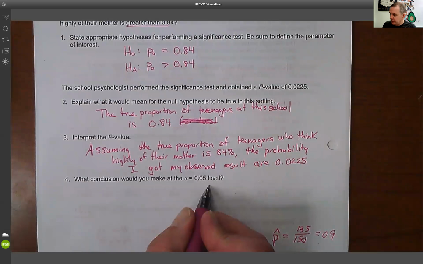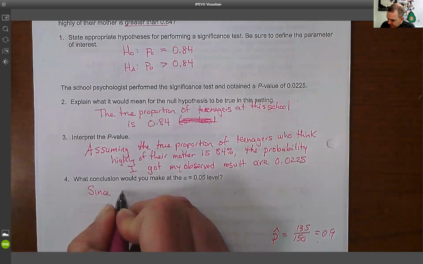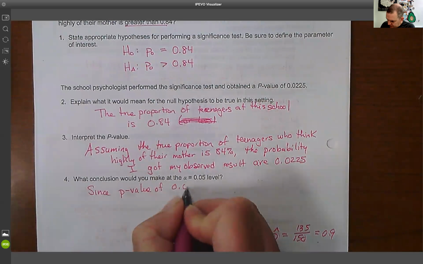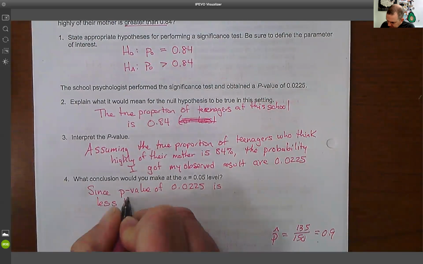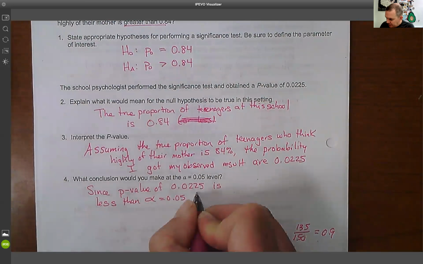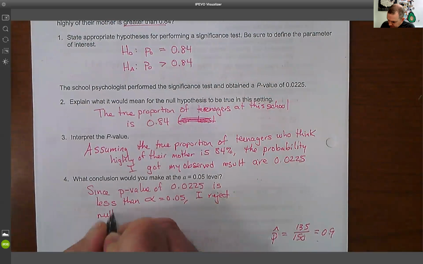So what conclusion can I make at the 0.05 level? Since my p-value of 0.0225 is less than my significance level alpha of 0.05, I'm going to reject the null hypothesis.